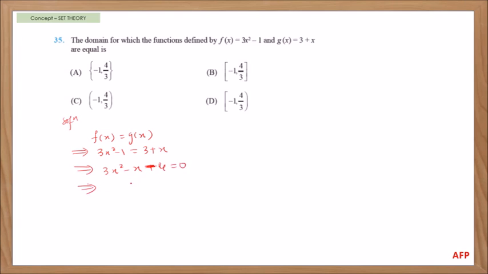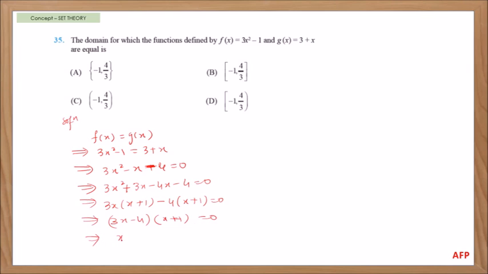If you solve this quadratic equation, the product is minus 12, so you can split the middle term as 3x minus 4x. If you take 3x common, 3x(x plus 1) minus 4(x plus 1), and x plus 1 is common, equals 0.